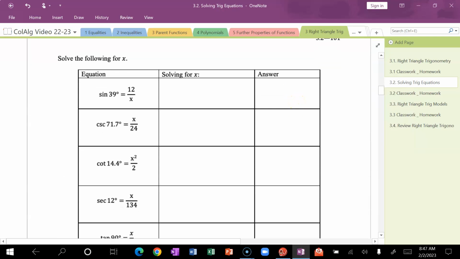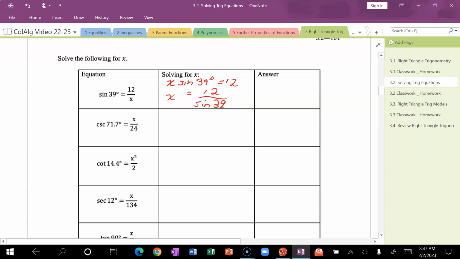Solving these equations for x. In this problem, I need to solve for x. If I multiply both sides by x, that gives me x times the sine of 39 degrees equals 12. Now to solve for x, x is going to be 12 divided by the sine of 39.